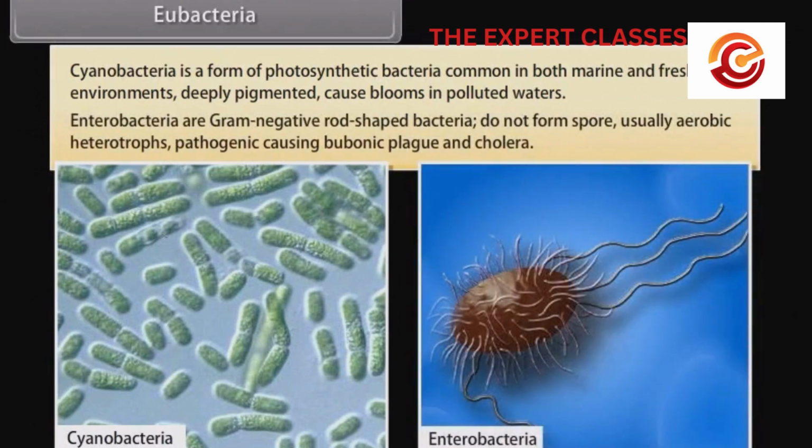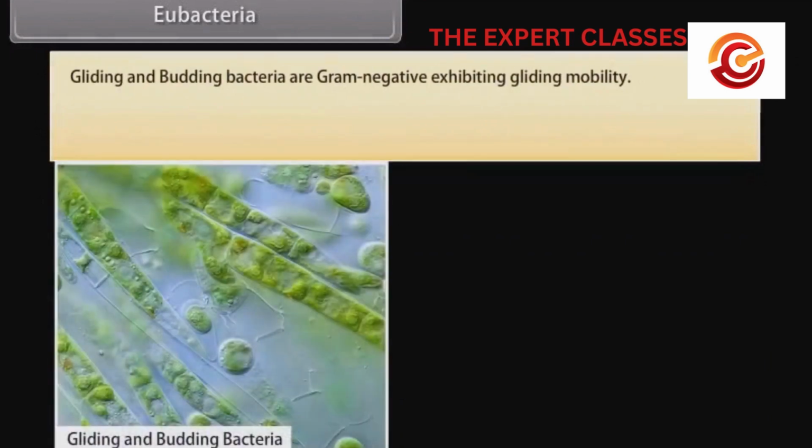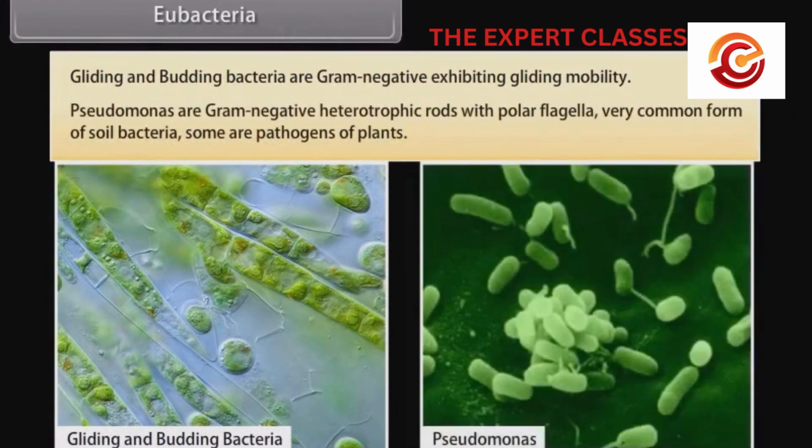Enterobacteria are gram-negative rod-shaped bacteria, do not form spores, usually aerobic heterotrophs, pathogenic causing bubonic plague and cholera. Gliding and budding bacteria are gram-negative exhibiting gliding mobility. Pseudomonas are gram-negative heterotrophic rods with polar flagella, a very common form of soil bacteria.